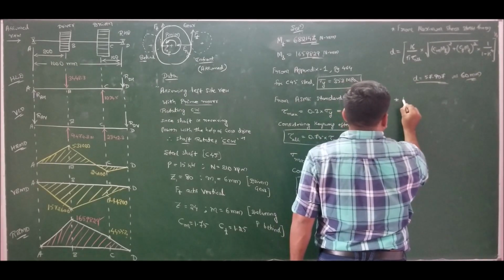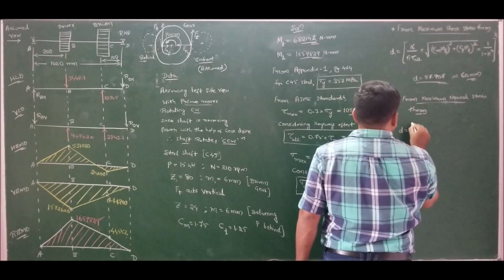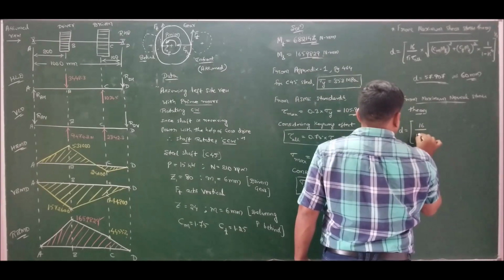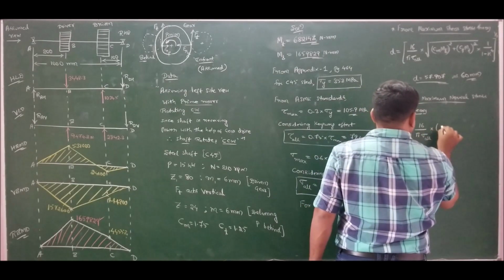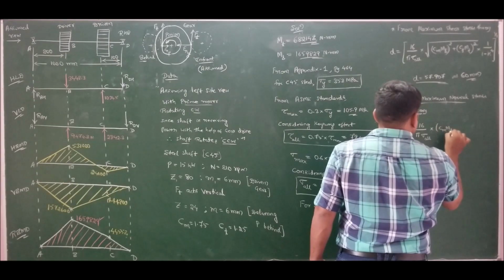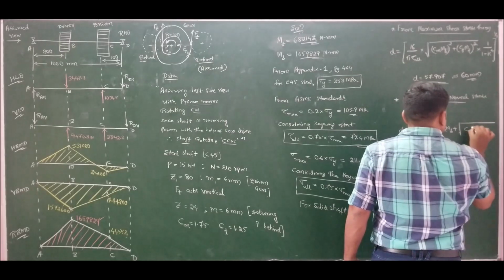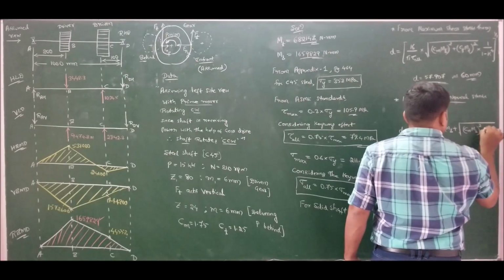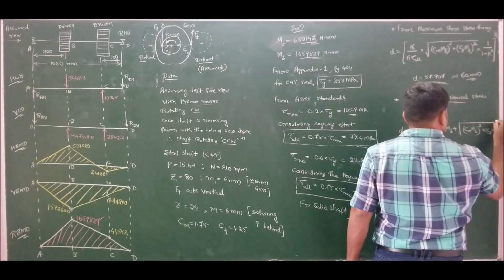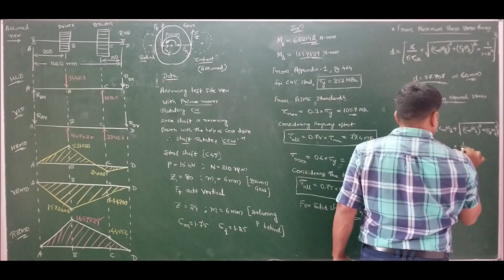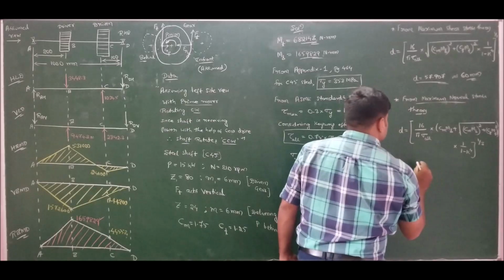Let us check from maximum normal stress theory. We have diameter d is equal to 16 by pi sigma allowable into Cm Mb plus root of (Cm Mb) square plus (Ct Mt) square, into 1 by 1 minus k to the power of 4, whole to the power of 1/3.